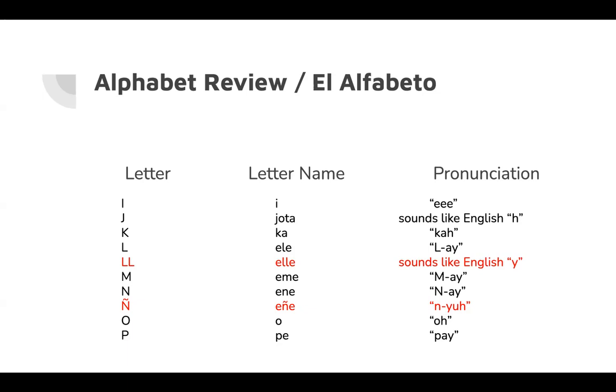It's kind of hard to explain, but you'll learn that sound the more you see it. The letter O, the letter name is O, and it's pronounced just like the English word O. The letter P, the letter name is PE, and it's pronounced like the English word pay.